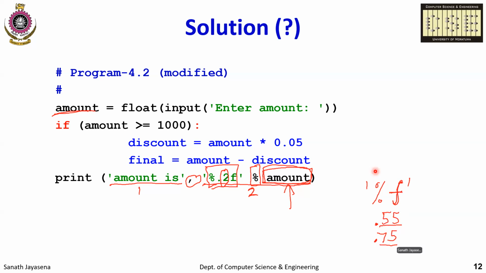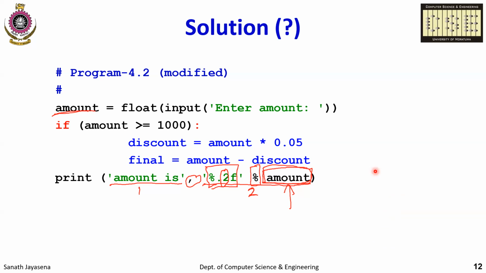So that's this dot 2. Dot 2 between the percentage symbol and the f, if you indicate dot and 2, it tells print to display that floating point value with 2 decimal values, or say 2 fraction points.